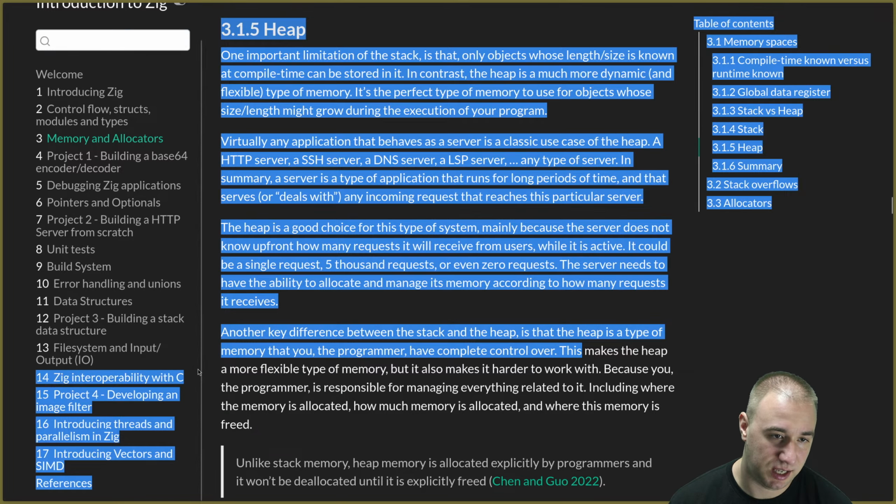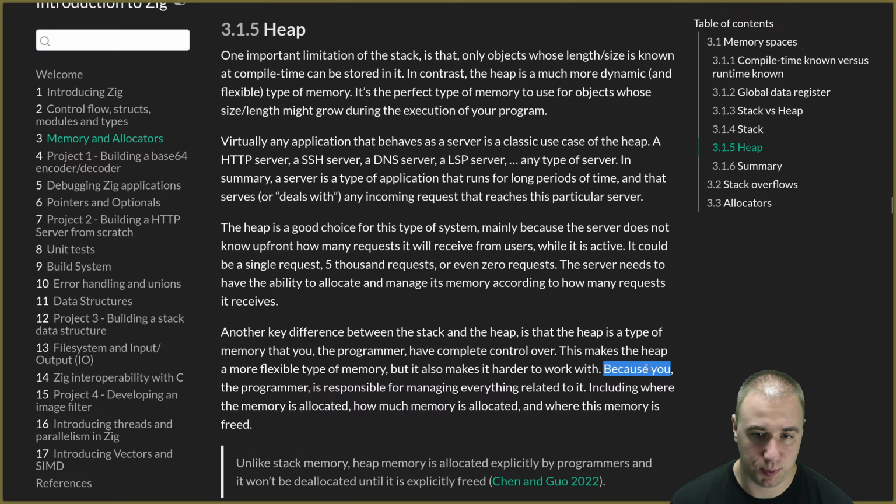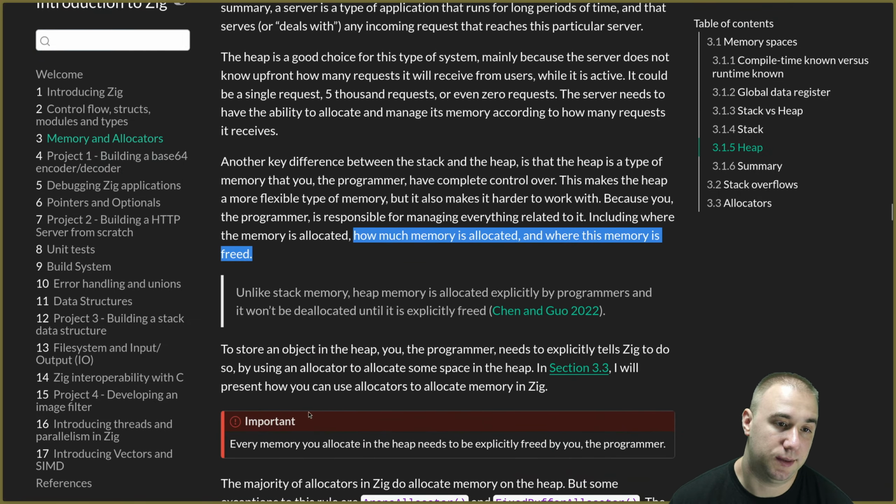So this makes the heap a more flexible type of memory, but it also makes it harder to work with, because you, the programmer, are responsible for managing everything related to it, including where the memory is allocated, how much memory is allocated, and where this memory is freed.